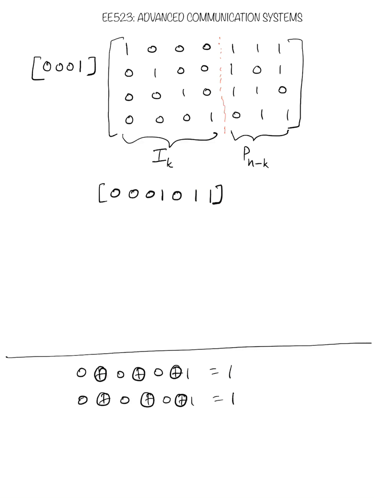So similarly, we will now do it for the next message, which is 0010. So I'm just going to erase these bits and the code word as well, and we'll make the computation again, and I'll erase these calculations as well.